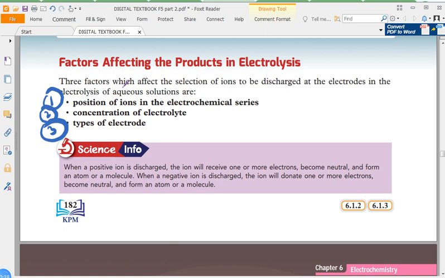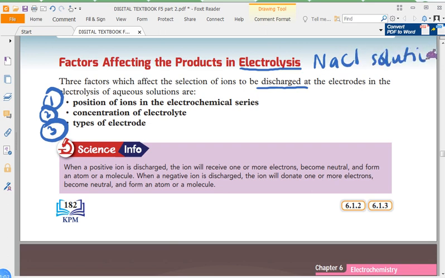As you all know, the electrolysis process is to break down a compound into its constituent elements. So the ions present in the solution will be discharged. There are a lot of ions present in the solution. For example, just now, the sodium chloride solution.